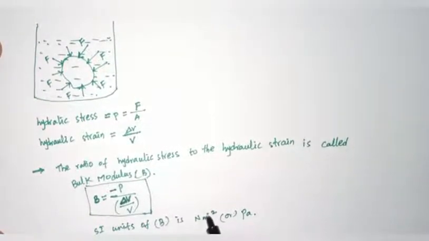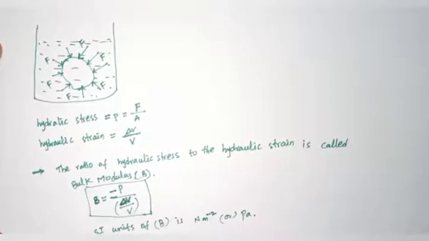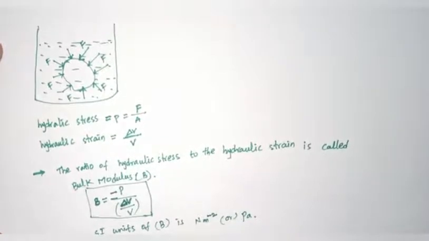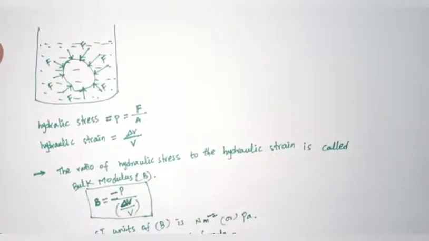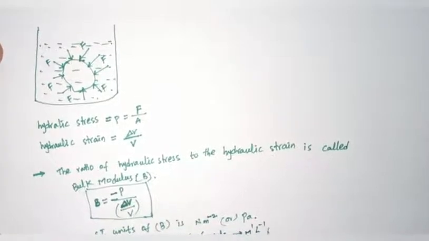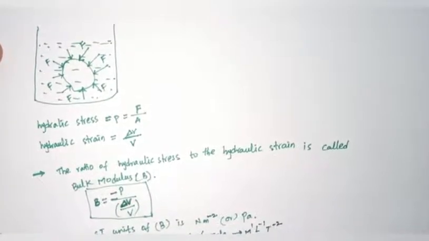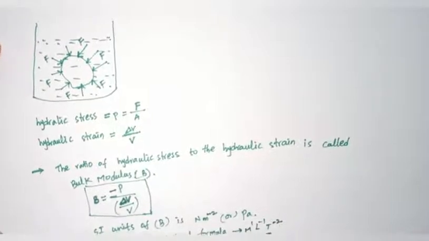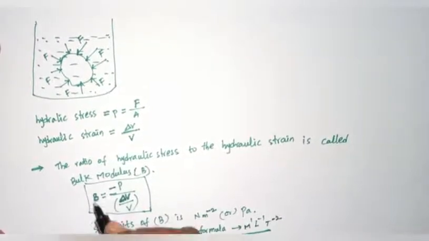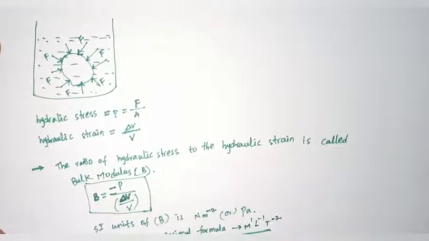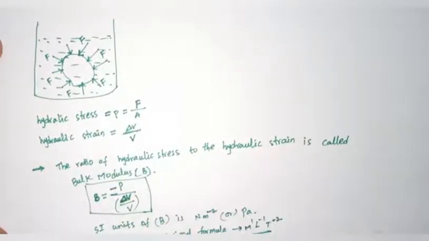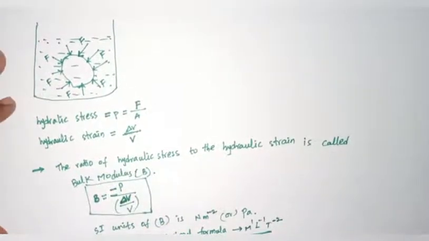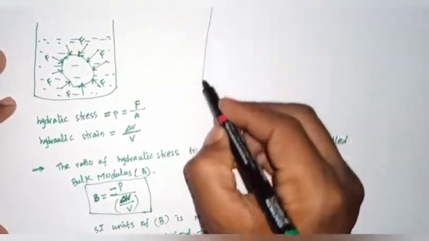The dimensional formula is M power 1 L power minus 1 T power minus 2. So this is the dimensional formula. Next, the reciprocal of bulk modulus is called the compressibility.